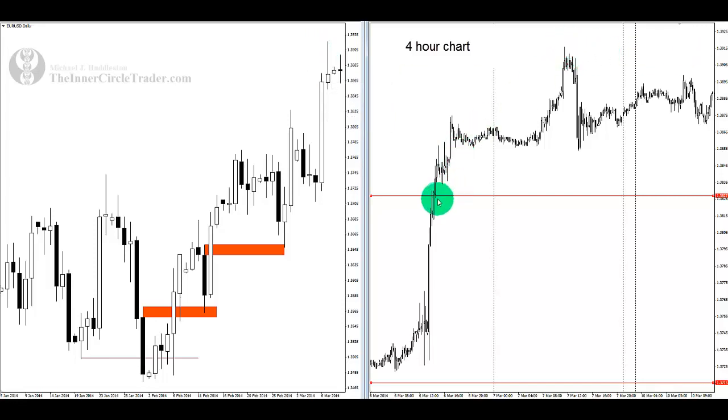So taking $8 off per pip here, leaving that last 20% on, getting out at the 139 big figure, an explosive, huge move. You're looking at 400 pips or so in terms of the overall price move.